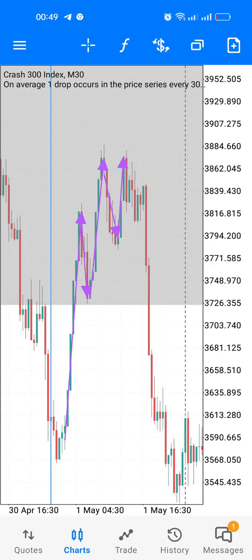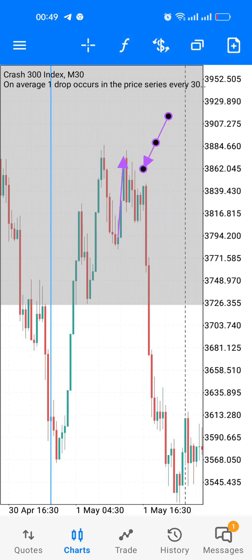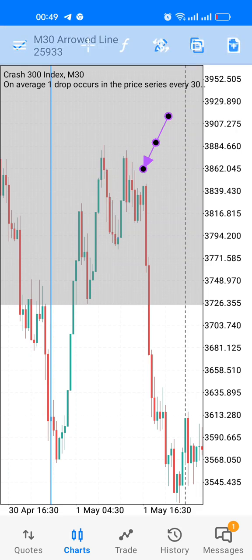Now it makes a double top. But look at what happens here. Pay attention to what is happening here. Can you see what is happening? Let me remove these arrows. Maybe it will be clearer. Okay, yeah.